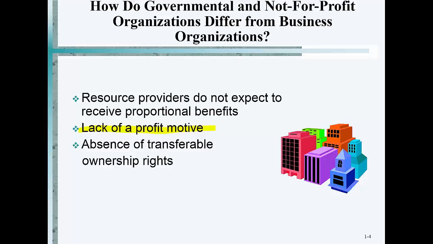Okay, now we're going to see that our entities are really going to pretty much break even, and our focus is going to be more on what? The efficient, effective delivery of services. So we're really focusing on how we are delivering services, and when we look at those services, we're going to look at them by the type of function they are. Is it public safety? Is it water and sewer?